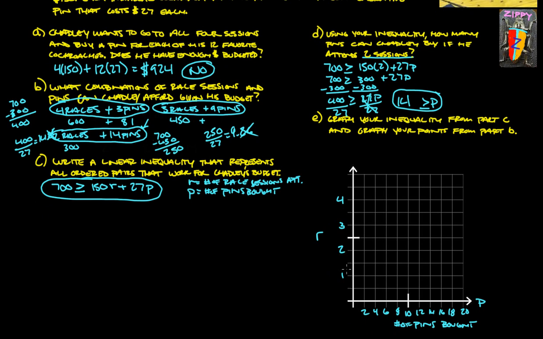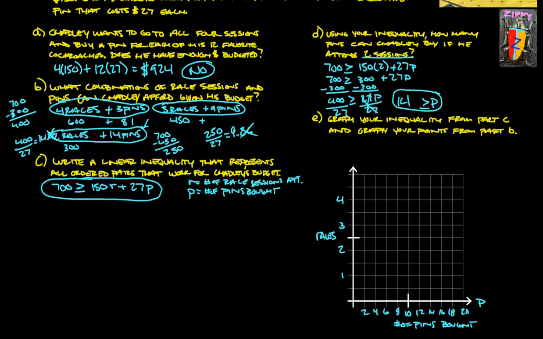Let's graph the points that we already had here. So 4 races, 3 pins. So this is our races. 4 races only gives us 3 pins, so that's going to be right here.